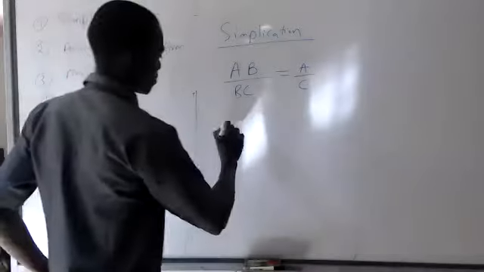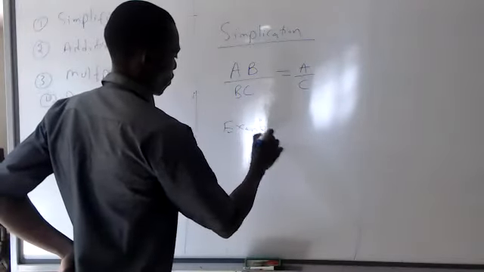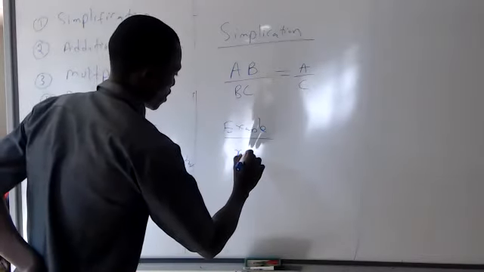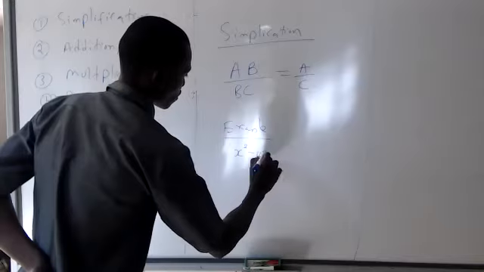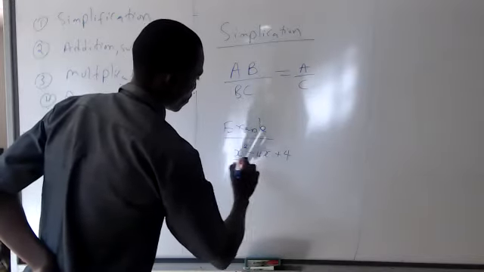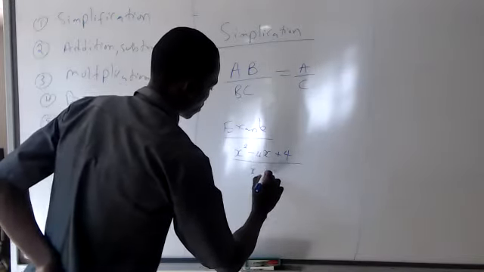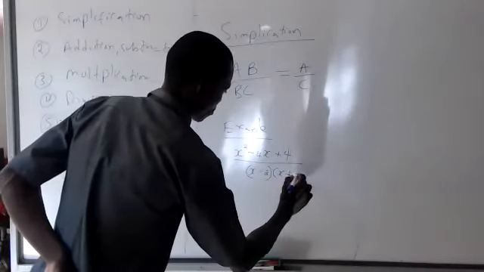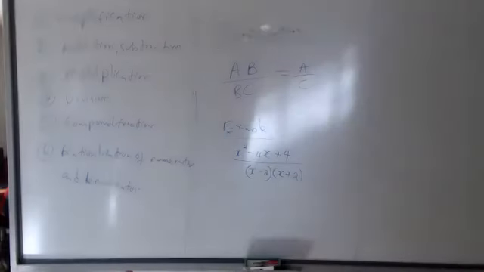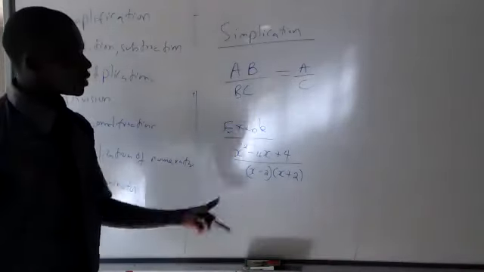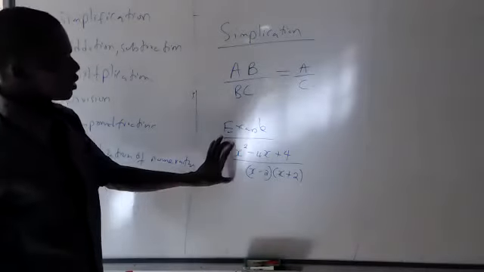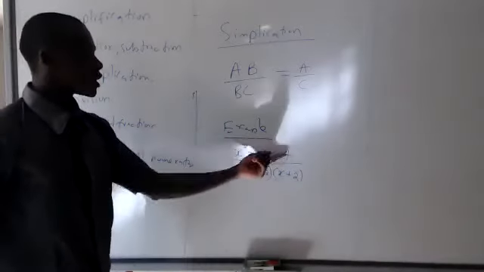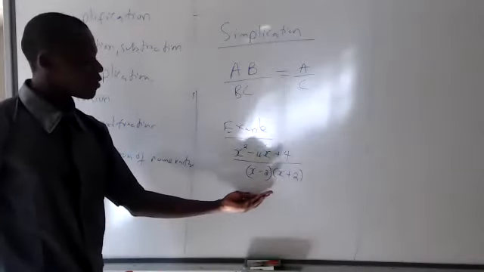For example, suppose you have the expression x squared minus 4x plus 4 divided by x minus 2 times x plus 2. Simplify this expression in the simplest form, such that the numerator and the denominator cannot be factored further.